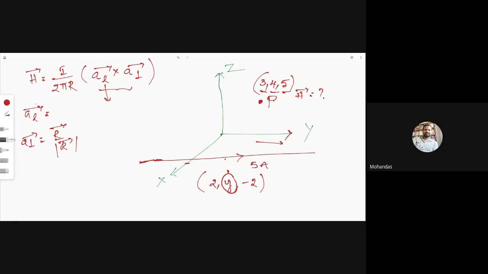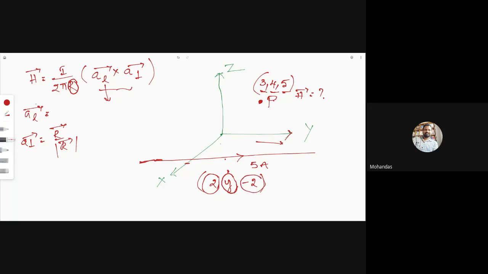Perpendicular distance between the field point and the conductor. We already discussed this in the previous problem. How to establish a perpendicular distance here? These coordinates are fixed, right? This 2 and -2 coordinates are fixed.